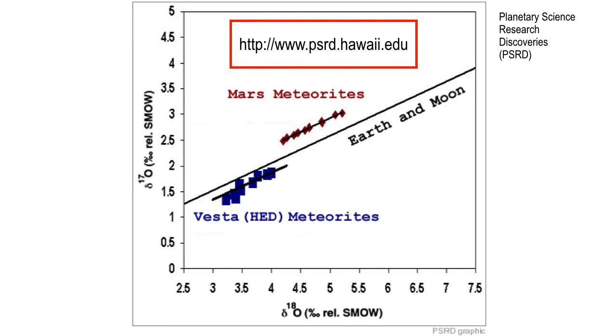Earth and Moon are on this solid line. This group of blue squares forms a line slightly below the Earth-Moon line, and Mars is slightly above the Earth-Moon line. Those meteorites, the blue squares, are chunks of the asteroid known as Vesta.